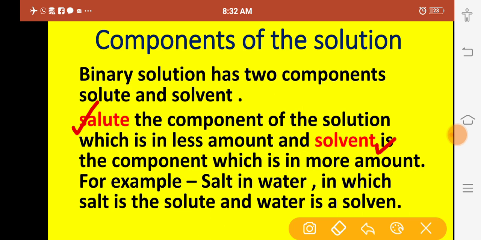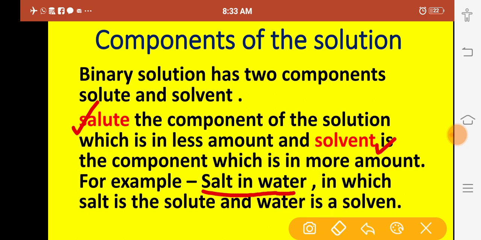For example, salt in water. You have added salt in water, which means salt is in less amount and water is in more amount. So here the salt solution with water is an example of a homogeneous solution in which salt is the solute and water is the solvent.